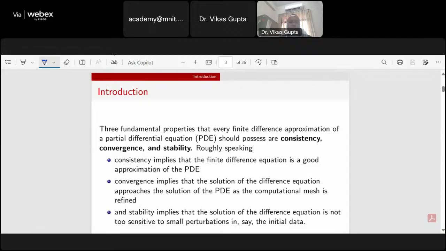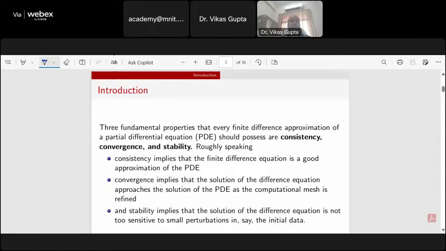It is well known that there are three fundamental properties which every finite difference scheme for a given partial differential equation should satisfy: consistency, convergence, and stability.